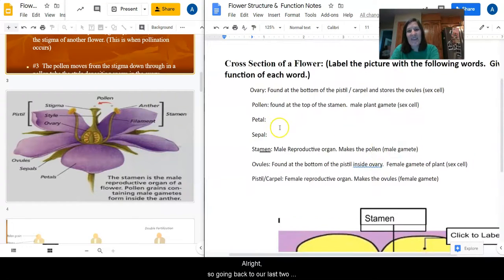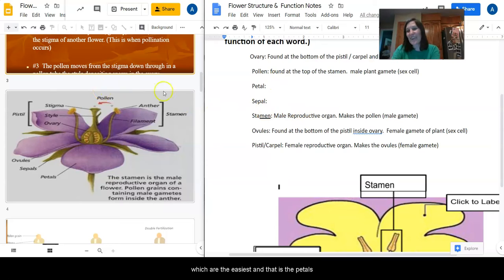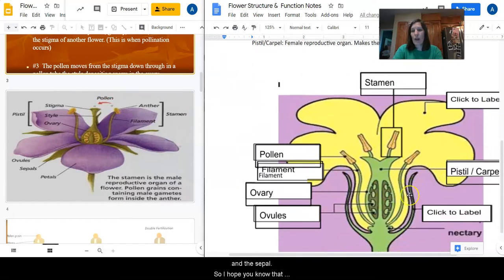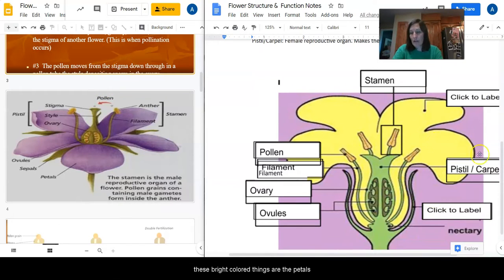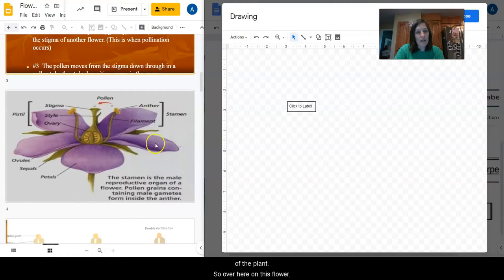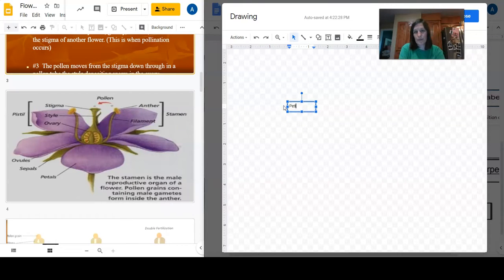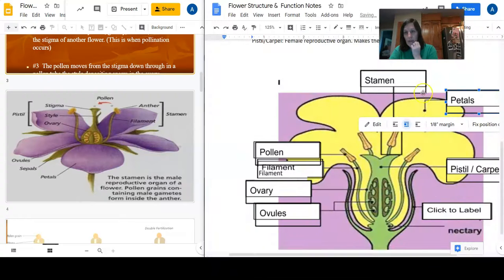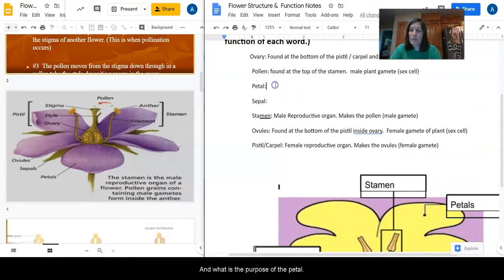All right, so going back to our last two, which are the easiest, and that is the petal and the sepal. So I hope you know that these bright colored things are the petals of the plant. So over here on this flower, they're big and purple, and then on your notes, they're kind of yellowish. All right, so these are our petals right there. And what is the purpose of a petal?